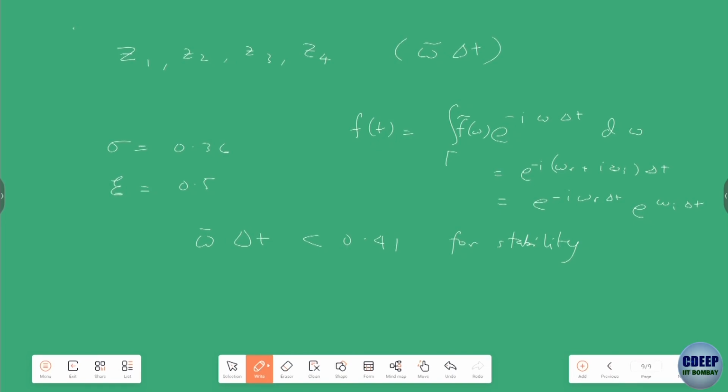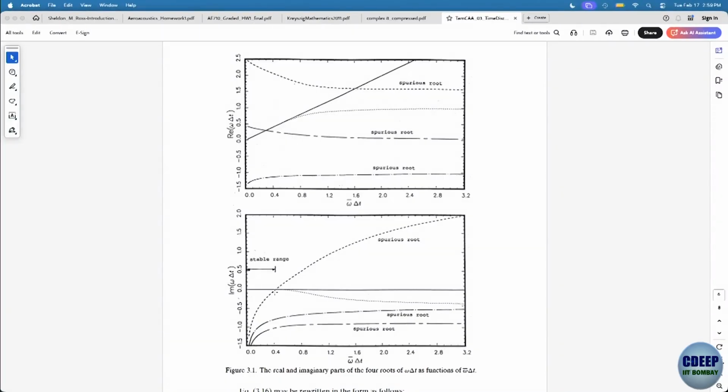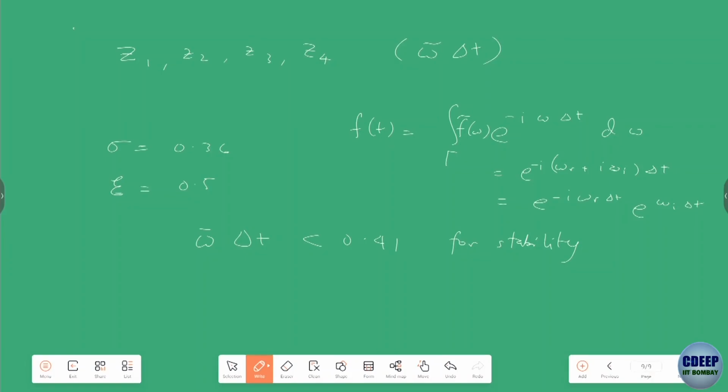But then if you also are more finicky, which you should be, about the damping of your solution because of how much it will diverge, it looks to be very small, but you might be more finicky. And so TAM in the final recommendation is suggesting 0.19 for accuracy, so more conservative.